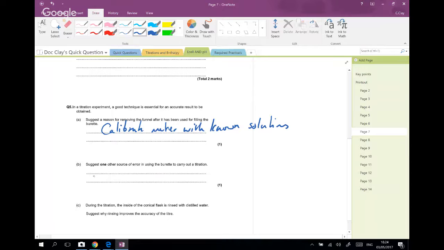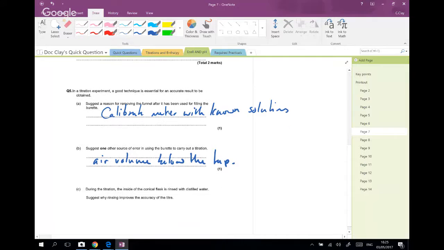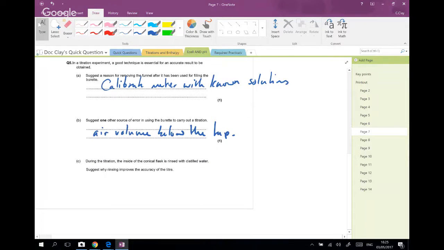You've also got an air volume below the tap, or you might have the funnel stuck in the top of the burette. During the titration, the inside of the conical flask is rinsed with distilled water. Suggest why rinsing improves the accuracy of the titre. It ensures all reactants mix. In other words, anything that splashes on the side means that the reactants are not going to mix with the other things.